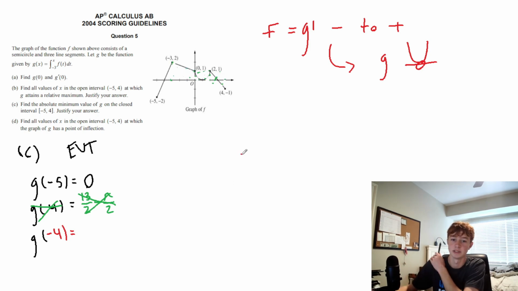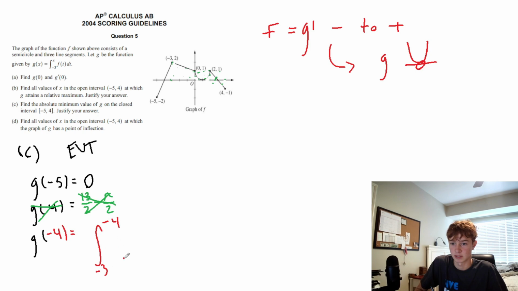So now let's find g of -4, the last value that we need to find. We're going to repeat the same process and plug -4 into the function g. We're going to have the integral from -3 to -4 of f of t dt, but that's not possible because b is smaller than a.